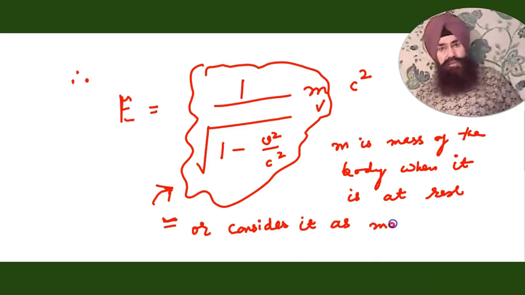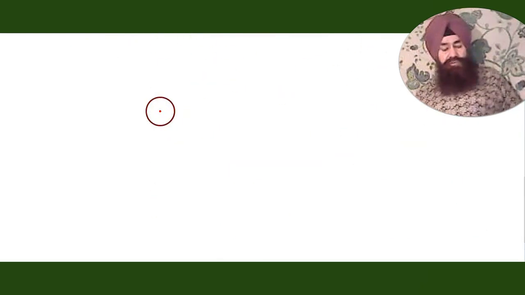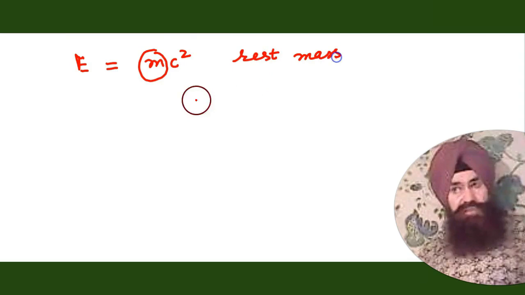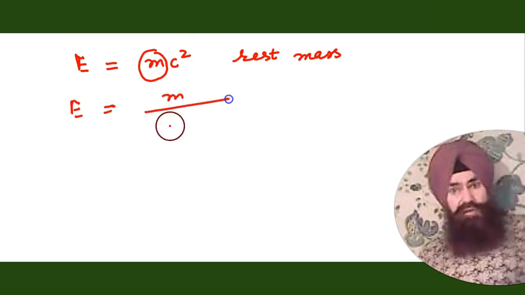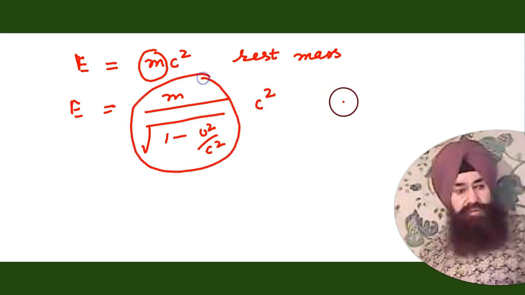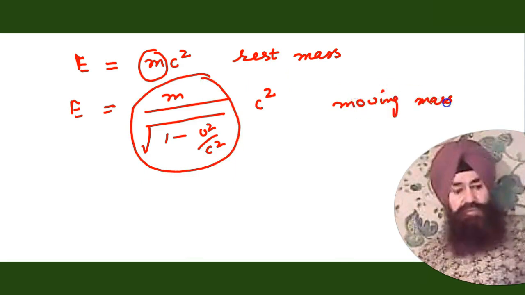So you can consider it as the object's moving mass. One thing you should keep in mind is that mass changes when the body moves at approximately the velocity of light. So this is the moving mass.